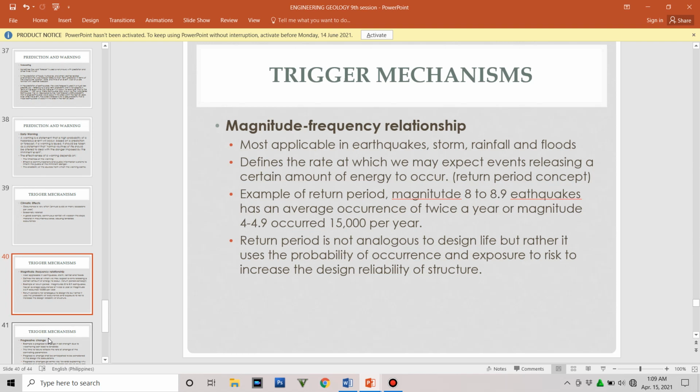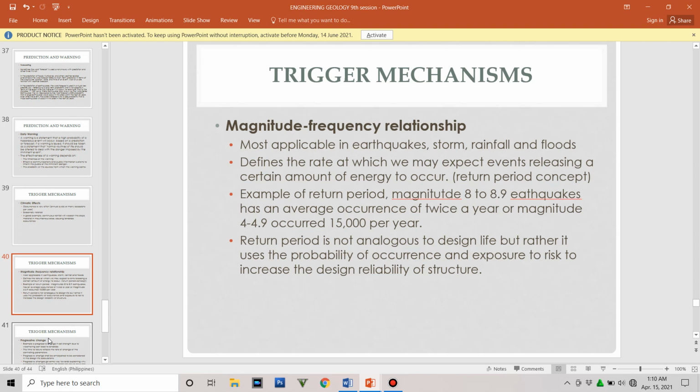Okay, so most applicable in earthquakes, storm, rainfall, and floods. So it defines the rate at which we may expect events releasing a certain amount of energy to occur, or what we call the return period concept. So example of return period.